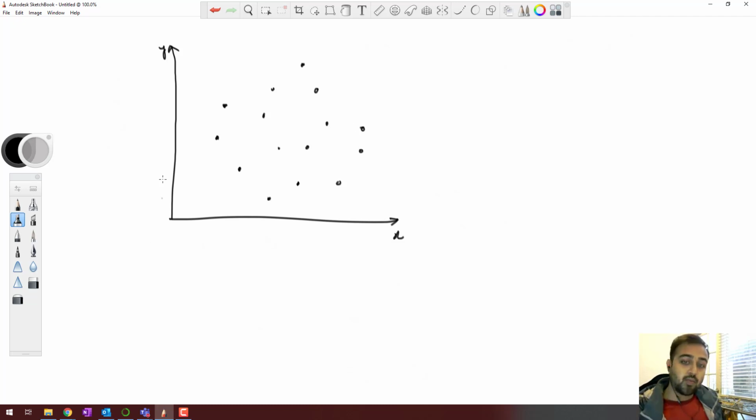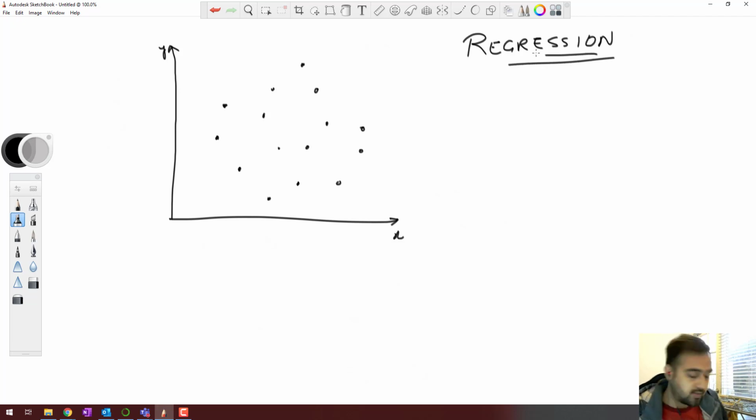Okay, so what regression does is, regression is basically a very overloaded term in machine learning. It can mean many things, alright, but in this case what regression means is finding the line which best fits these sets of data points, right?